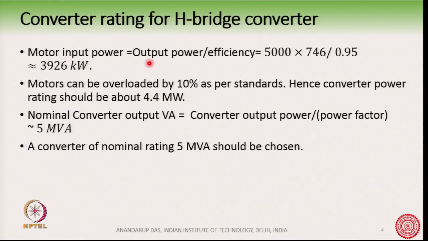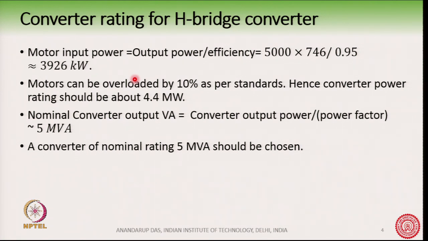So, the motor output power is 5000 HP, and we divide by the efficiency, which is taken as about 95%. So, we see that the motor input power is something very close to 4000 kilowatt. Now, often these motors can be overloaded by 10%.